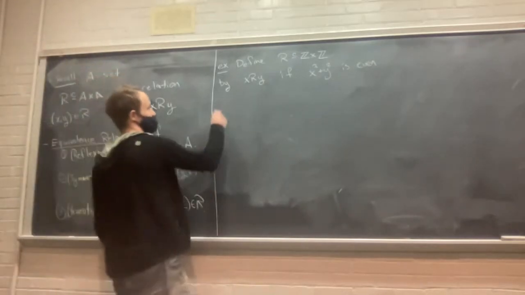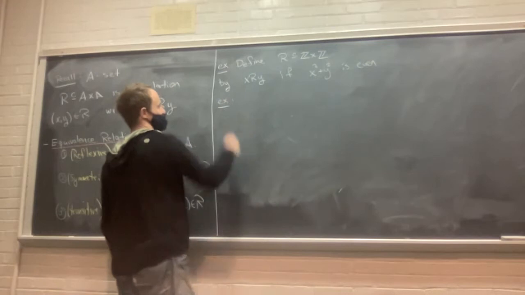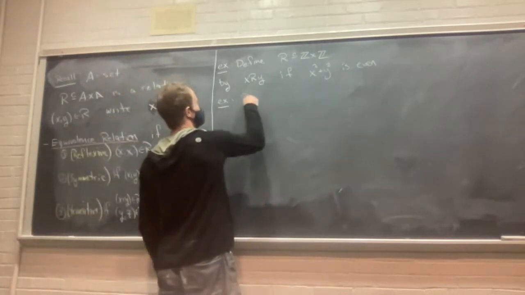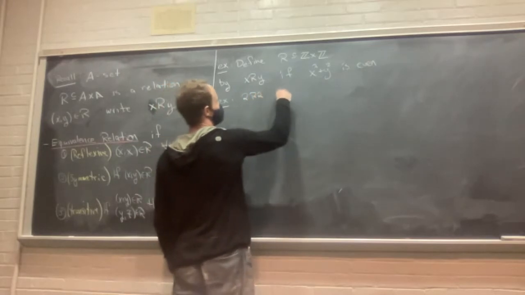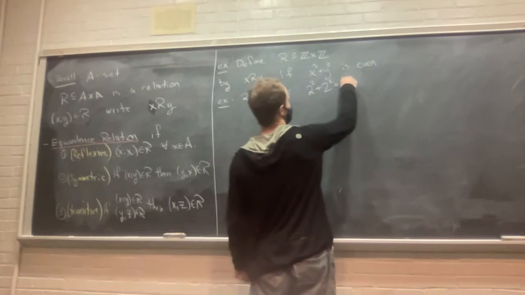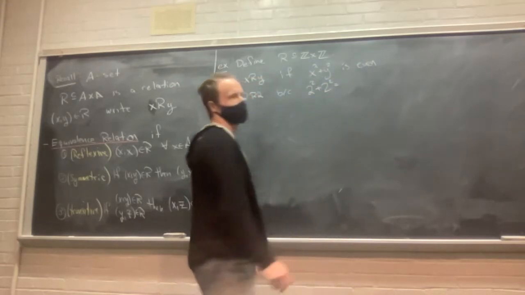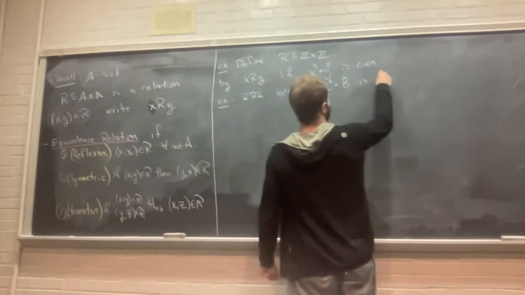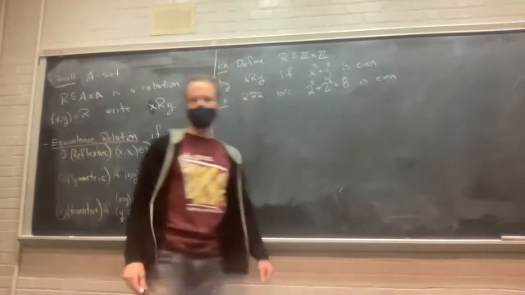So let's look at some examples. For example, 2 is related to 2 because 2 squared plus 2 squared is 4 plus 4, which equals 8, which is even, right?